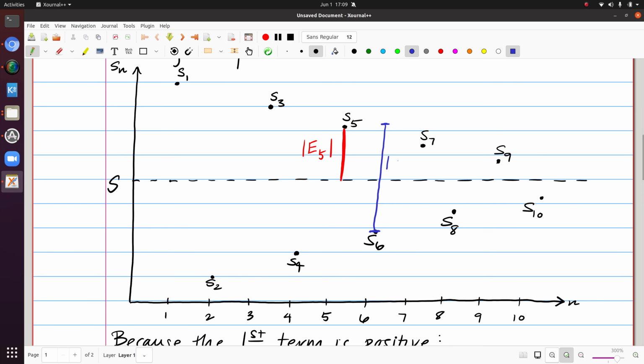So again, in absolute value, I'm looking at the difference between subsequent partial sums. Certainly I can see in this picture that the blue line is longer than the red line, but let's extrapolate here and imagine that I wasn't just looking at E sub 5. For any error term, we're going to track the distance from the partial sum to the dotted line, and that's always going to be smaller than the distance to move from that partial sum to the next partial sum, because we're always jumping over the dotted line.